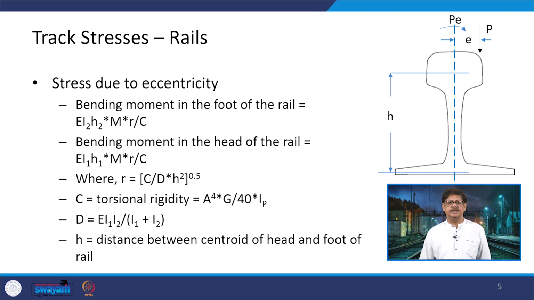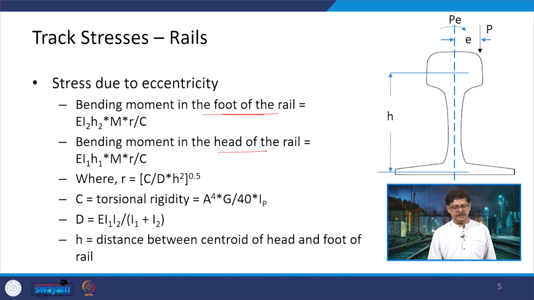For the stress due to eccentricity, the bending moment in the foot of the rail is given by a formula E I2 H2 m into R divided by C. And similarly, in the case of the head of the rail, it is E I1 H1 into m into R divided by C. So, E, m, R and C are constant, but I and H, which are the moment of inertia and the height with respect to an axis for that particular side, change as I1, H1 and I2, H2.